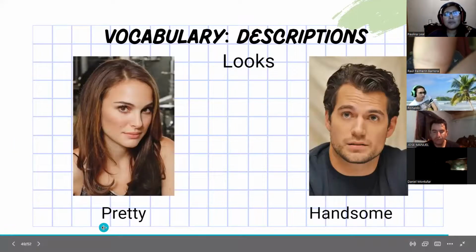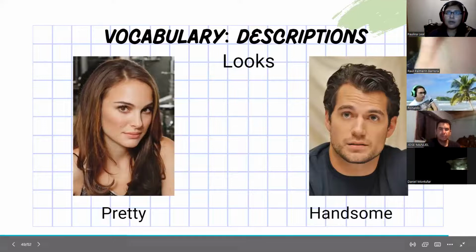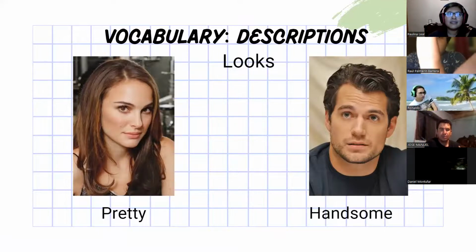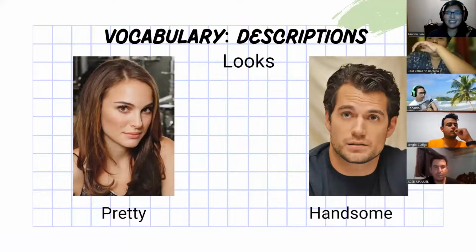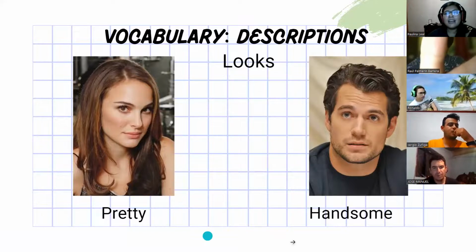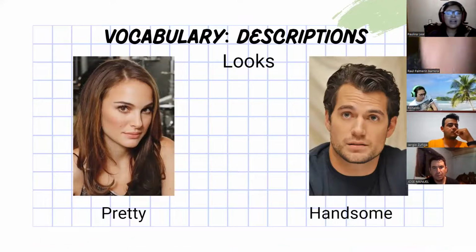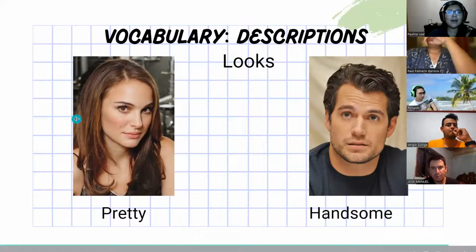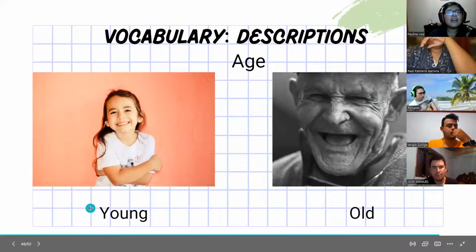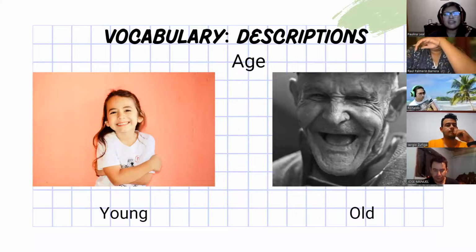Would I say prettier or more pretty? Prettier. Yes, absolutely. Would I say handsomer or would I say more handsome? More handsome. Absolutely. Would I say younger or would I say more young?